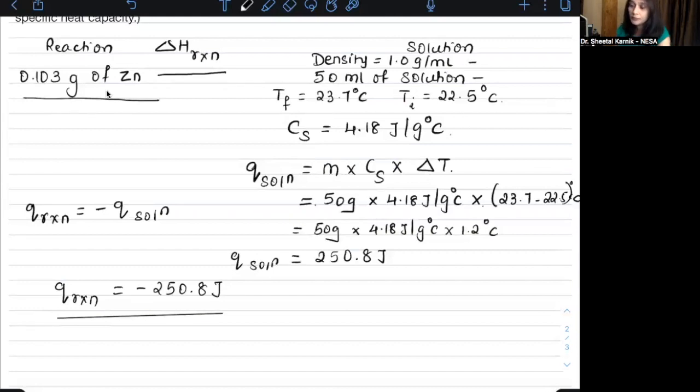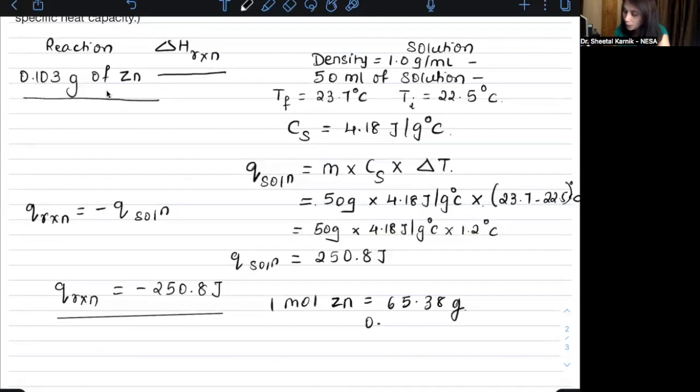So now the first thing I want to do is calculate how many moles is 0.103 grams of zinc. Looking at the molar mass of zinc, I know 1 mole of zinc is equal to 65.38 grams.